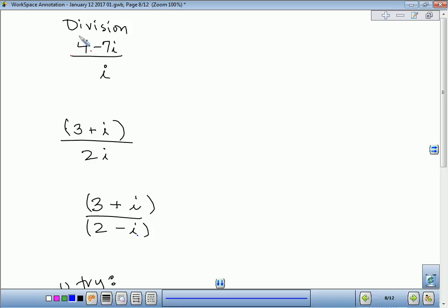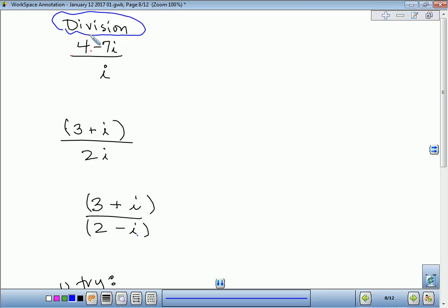Division. Now, we can't treat this like we do polynomial division, because i represents the radical, square root of negative 1. So when we have division by a complex or an imaginary number, we really have to treat it like we're dealing with radicals.